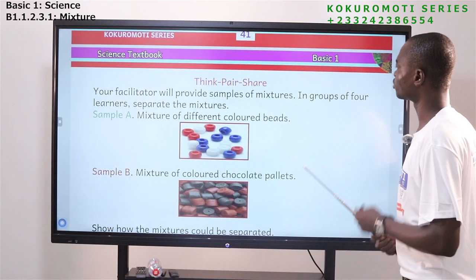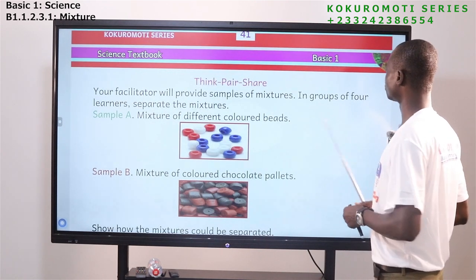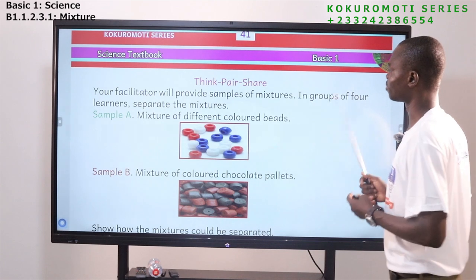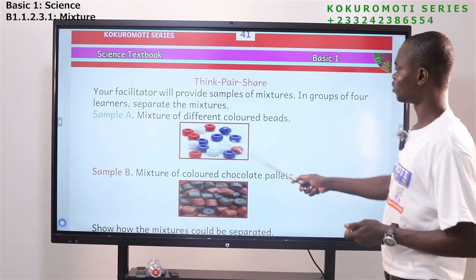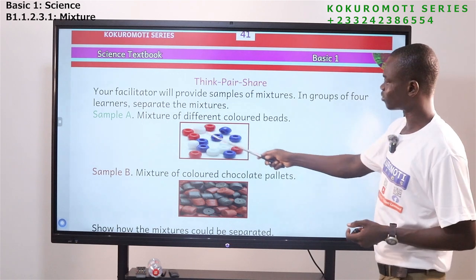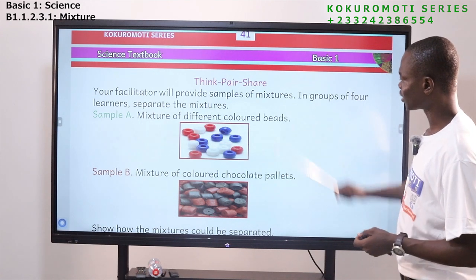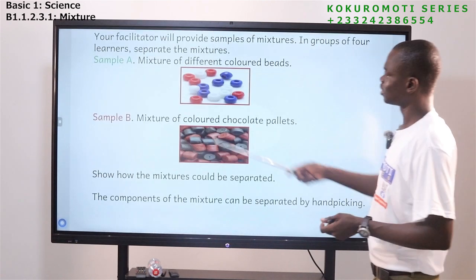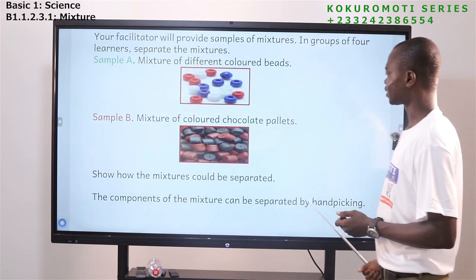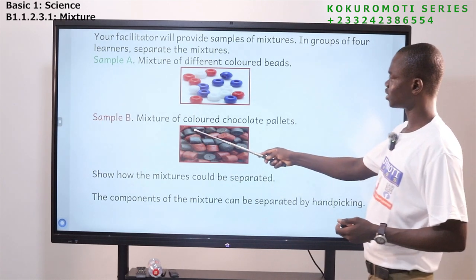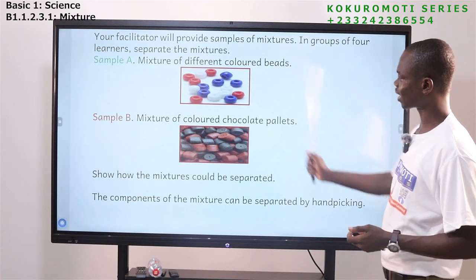Okay. So think, pair, share. Your facilitator will provide samples of mixtures. In groups of 4, learners separate the mixtures. So sample A, mixture of different colors. If you are to separate these, we have red color, white color, blue color, so you can separate it. And then sample B, mixture of colored chocolate what? Pellets. So here we have these 2 colors.